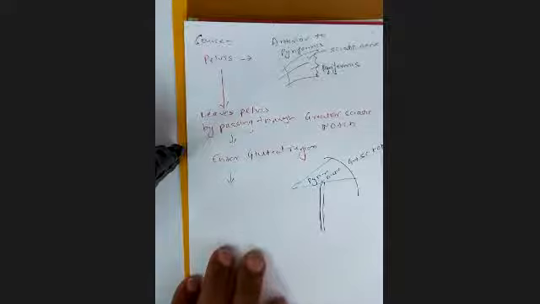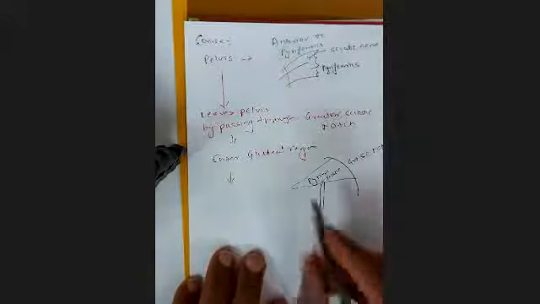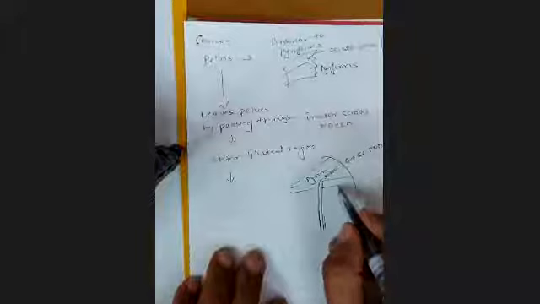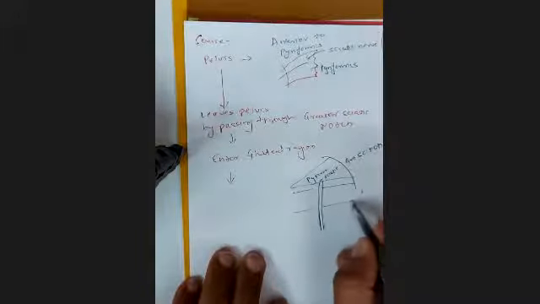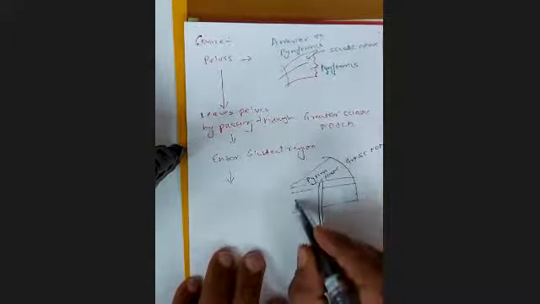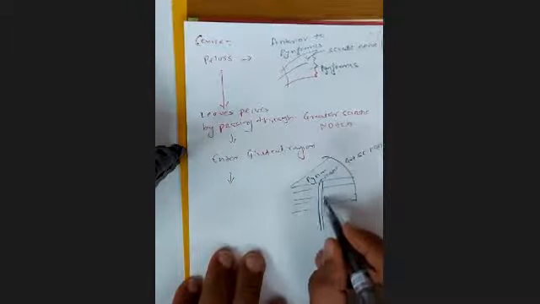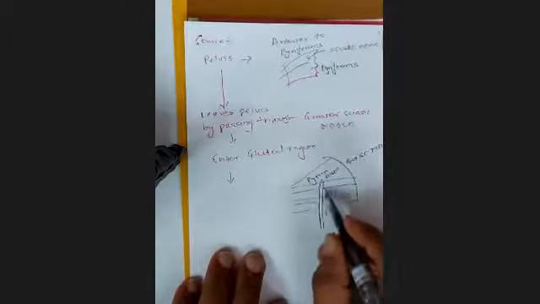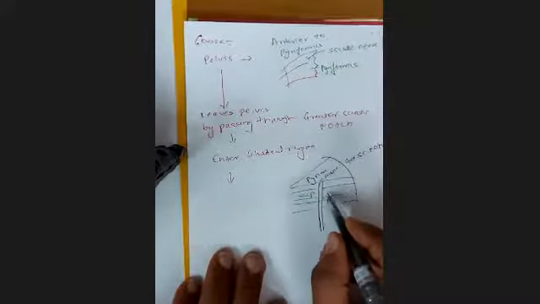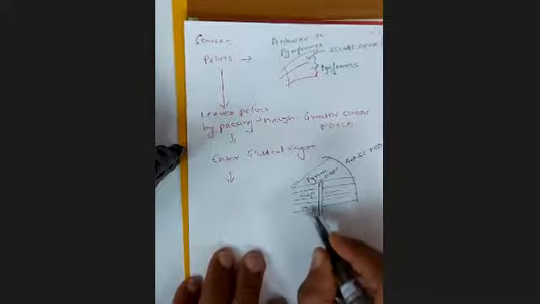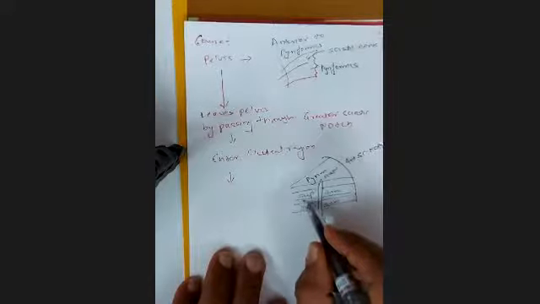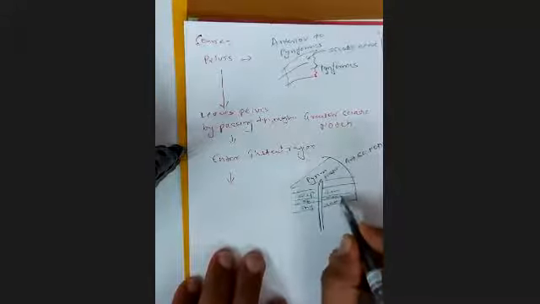Now here there are a couple of muscles which are lying deep, and those muscles are the obturator internus and two gemelli. This is superior gemellus, this is inferior gemellus, and this is obturator internus.